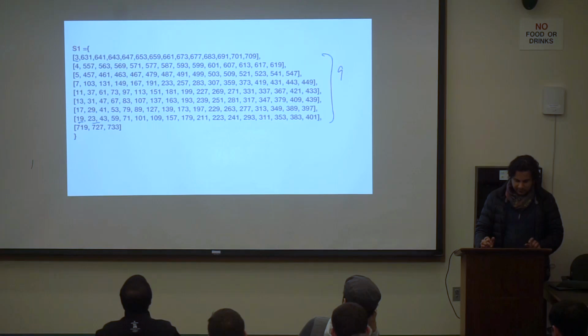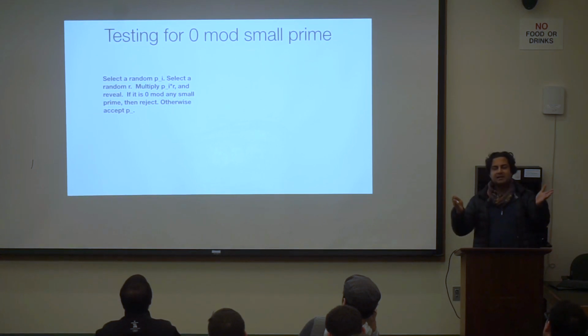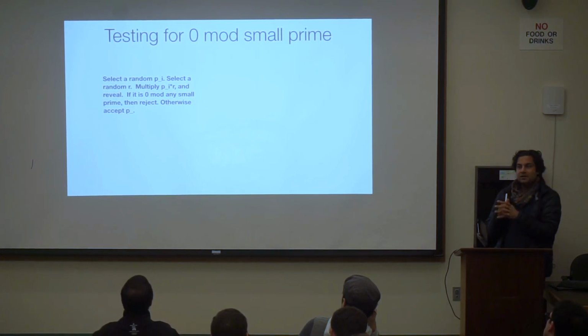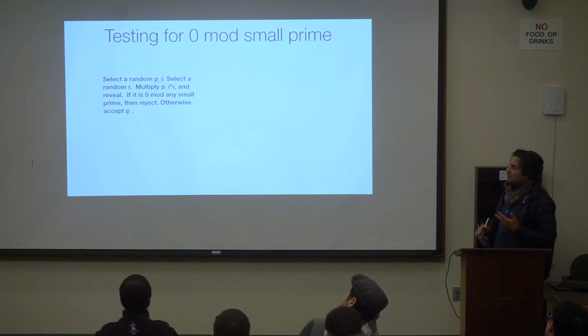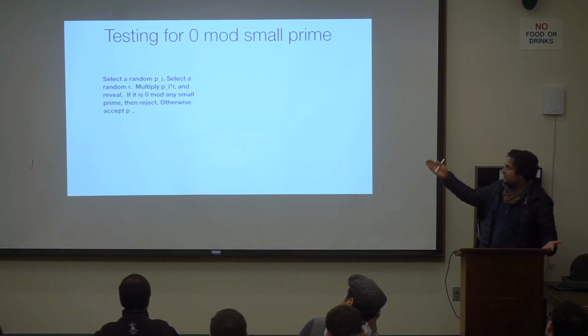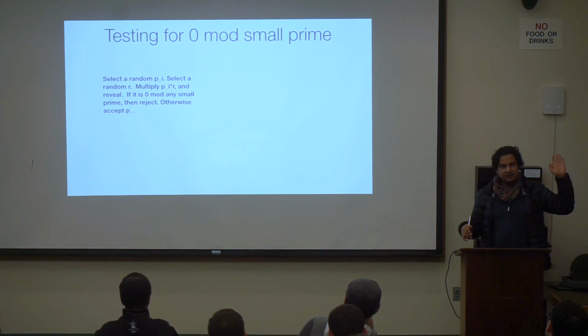I'm almost done with this first set. The last observation I want to make is that in order to pick a number that's not 0 mod these N1s here, generally the approach, just like the Paillier encryption, has been to select a random P, share it, then select a random R and multiply the two together, and then open it. If it's 0 mod any of the small primes, because now we're working in N1, which is a product of small primes, then reject that number and throw it away.